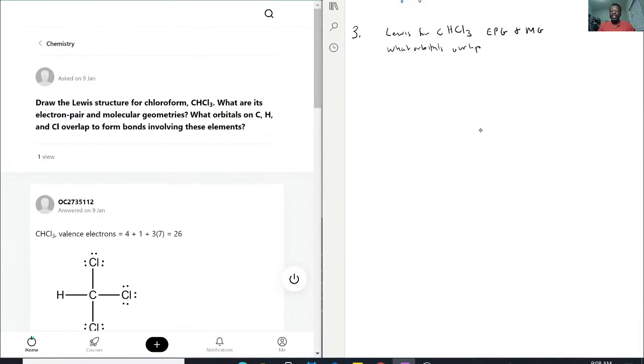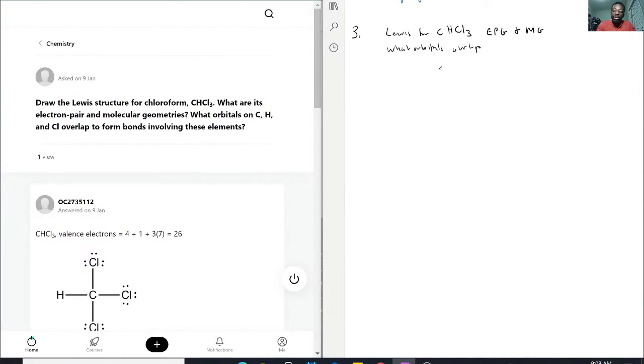So, with this being said, let's first knock out the Lewis structure. CHCl3: we have 1 carbon, 3 chlorines, and 1 hydrogen. So that is 4 valence electrons plus 1 valence electron, that's 5 right now, plus 7 times 3 because there are 3 chlorines. So that's 21 plus 5.